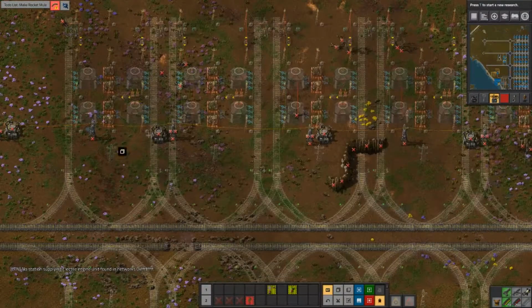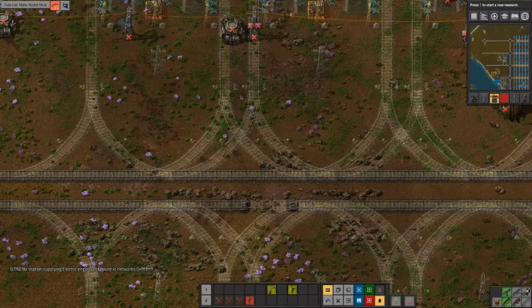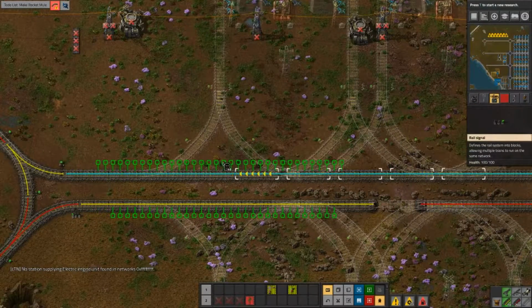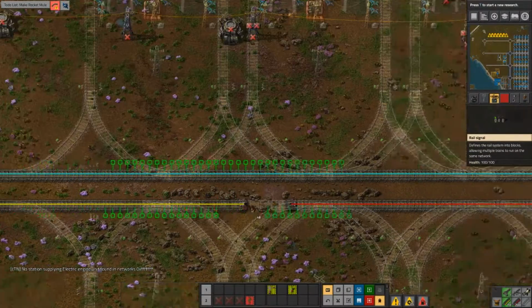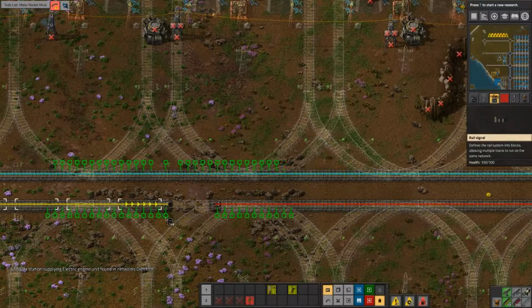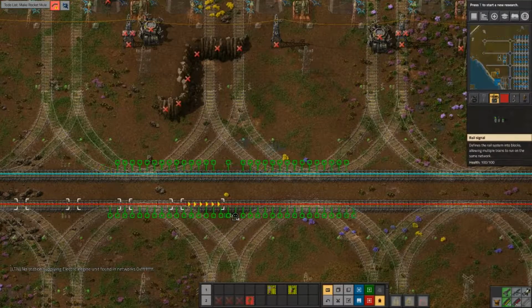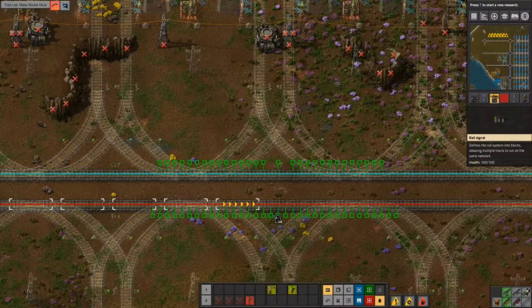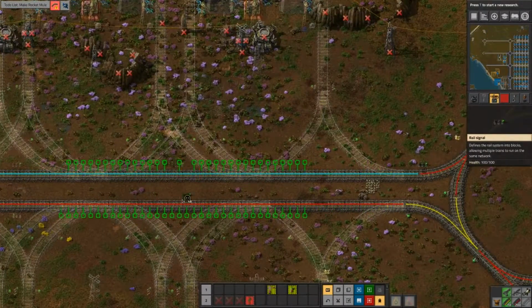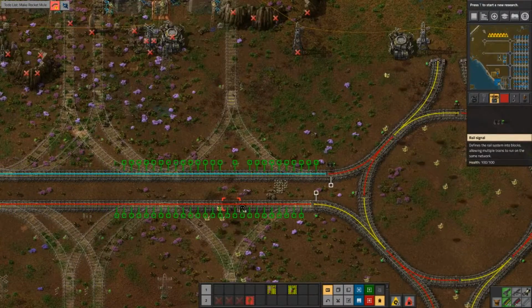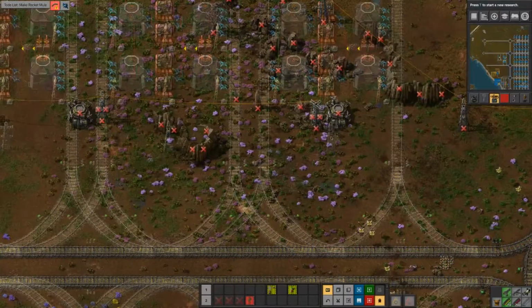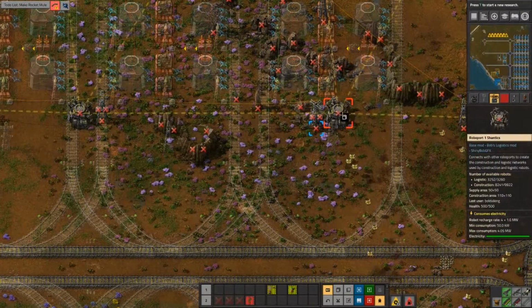So, and we have to enhance this a little bit by hand. Just add these signals here. And we have to add robot ports ourselves.